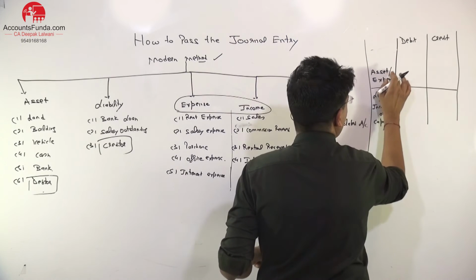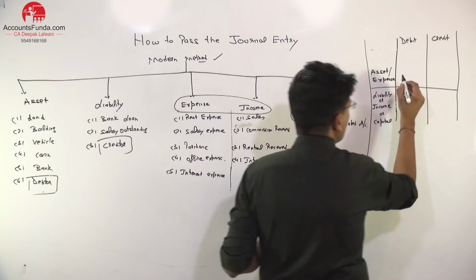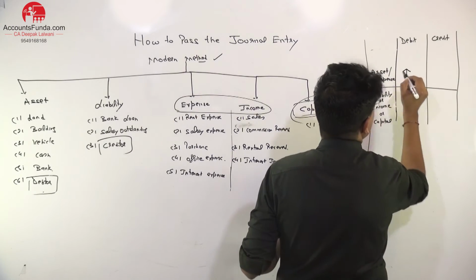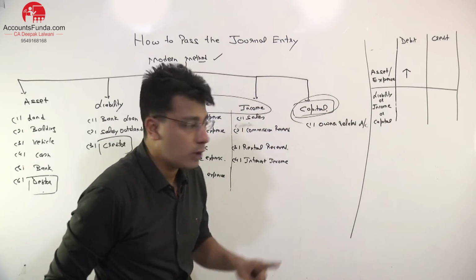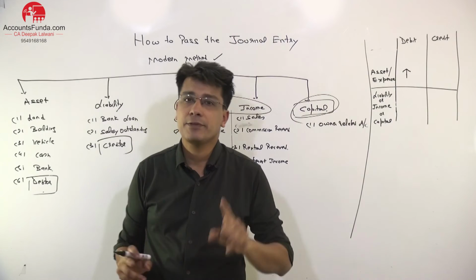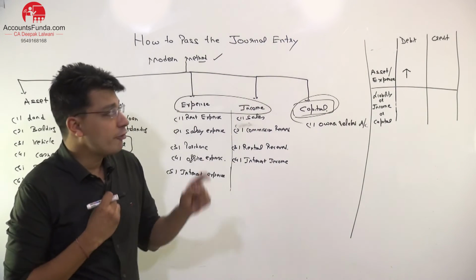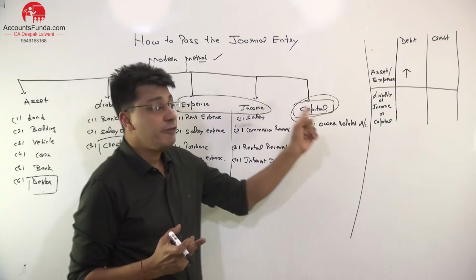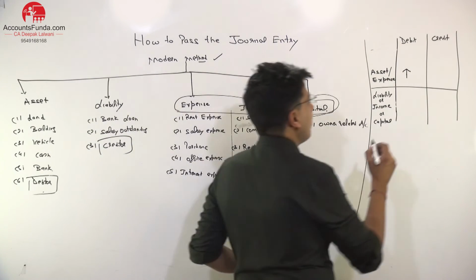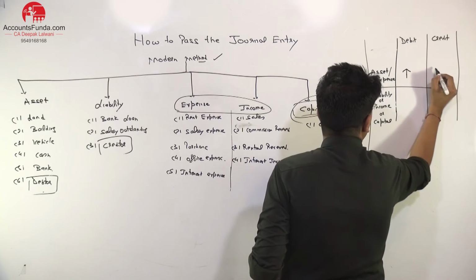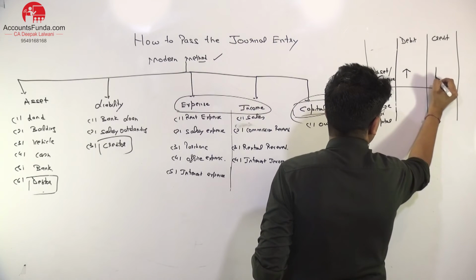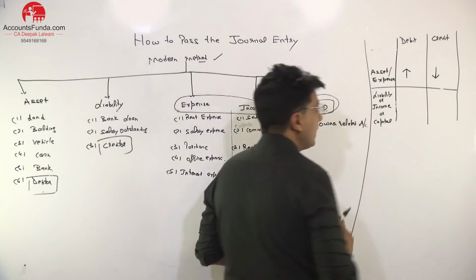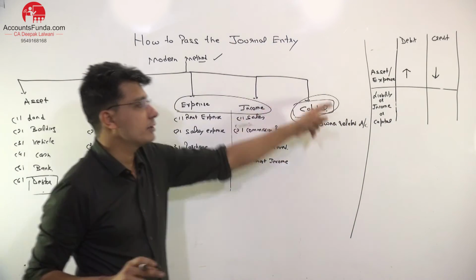Now, the rule of accounting is whenever asset and expense increase, we will debit the account. The rules for the asset and the expense are the same. So whenever asset or expense increases, we will debit that account, and whenever asset or expense decreases, we will credit that account. Okay, now what is the rule for liability? It is exactly opposite to this.